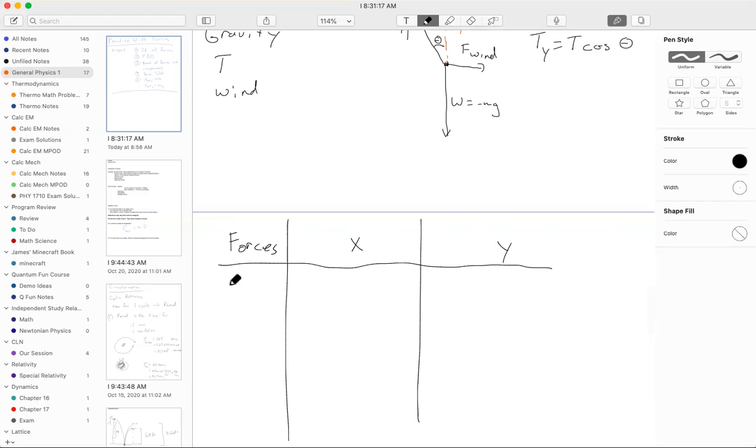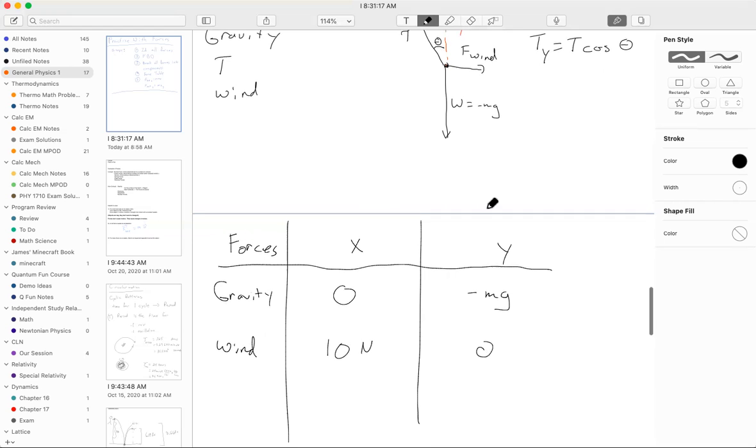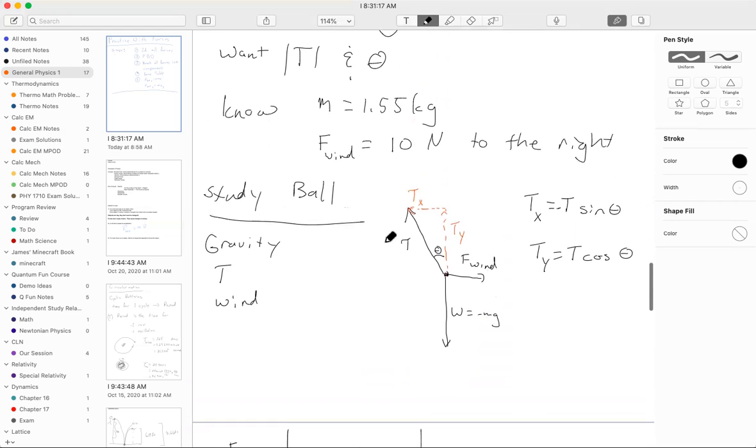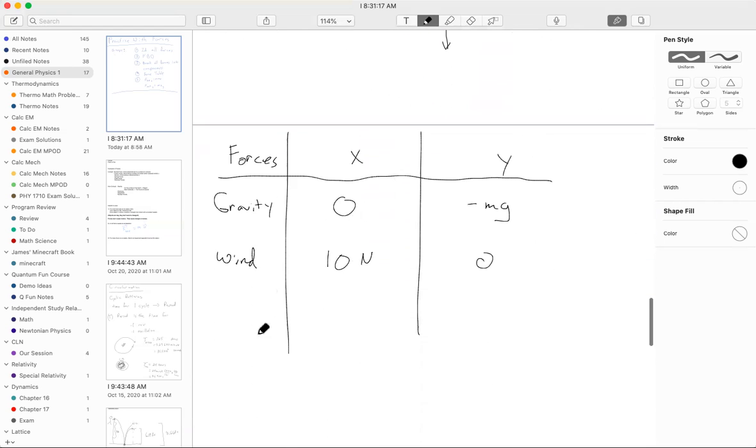Okay, so let's do the easy one here. I have gravity, and that is 0 in the X direction, and it's equal to minus mg in the Y direction. And then I have wind. That is only in the X direction, so that's going to be 10 newtons, 0. Let me just double check I have the right number. Yes, 10 newtons to the right, so it's positive 10.